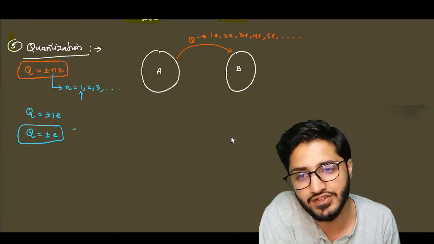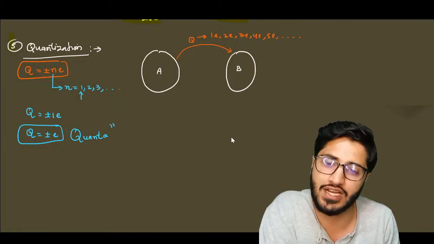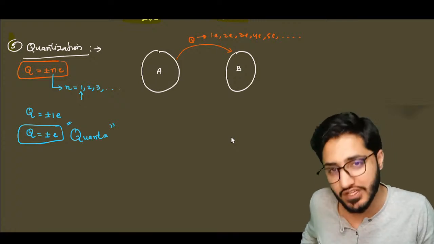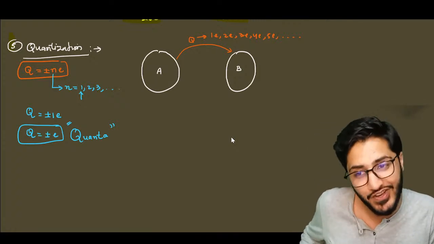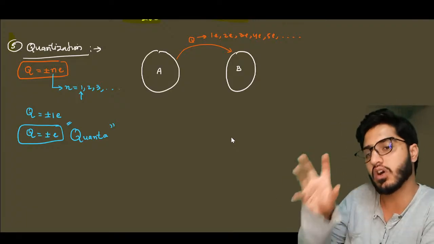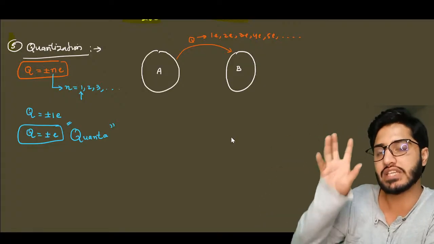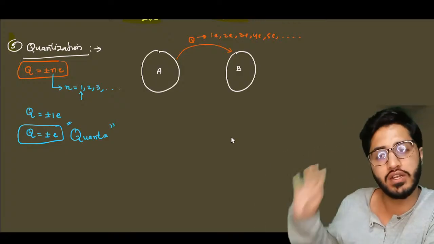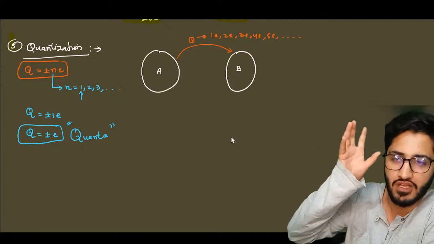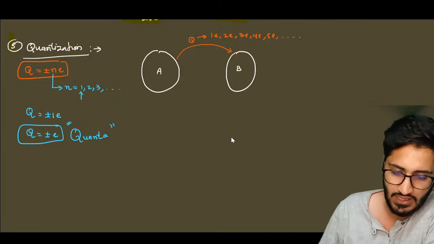And this charge is known as quanta. So if somebody asks me what quanta is, quanta is the amount of charge which is equal to the charge of an electron only. It is the minimum possible charge transfer from one body to another body. Done?